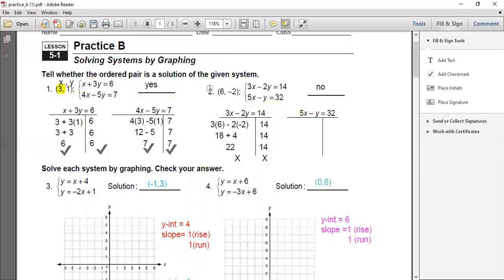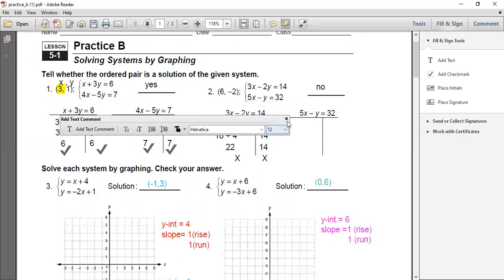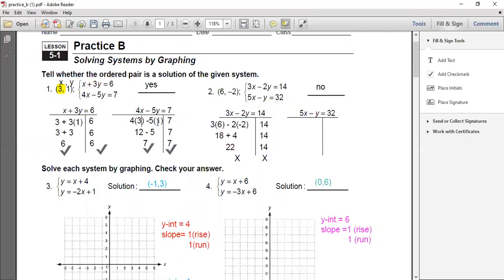In place of x we replace it with 3, and then minus 5 multiplied by 1, because y was 1. So 5 ones are 5, 4 threes are 12. So 12 minus 5 is 7. Both sides of the equation have the same answer, which means yes, it is a solution. You can write "is a solution" or simply "yes".